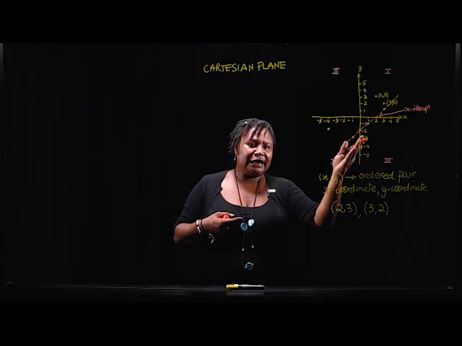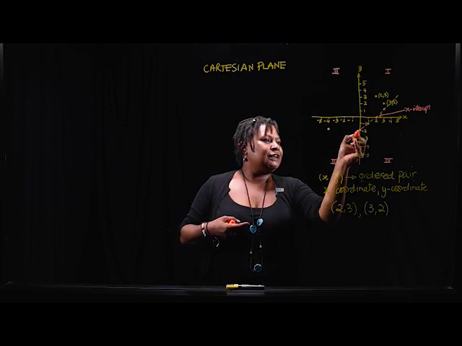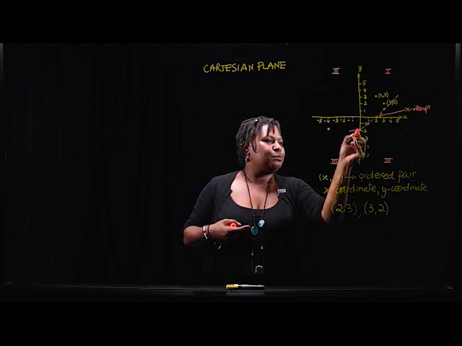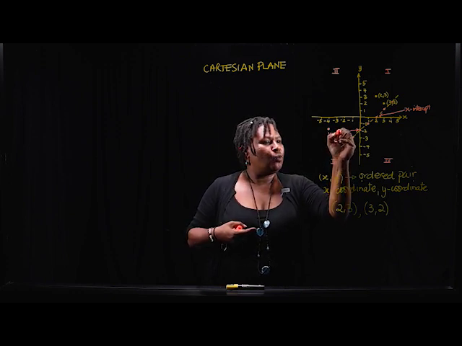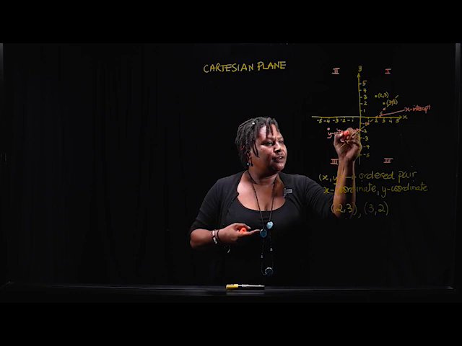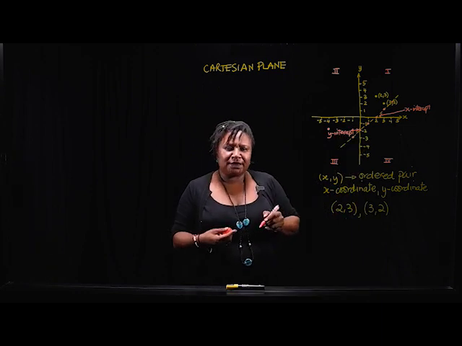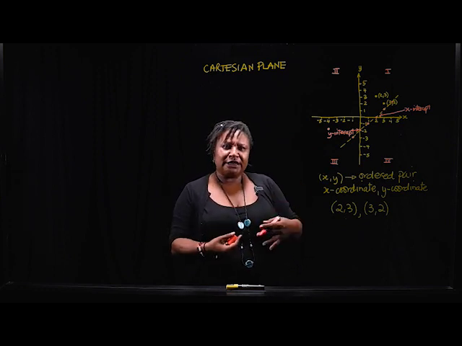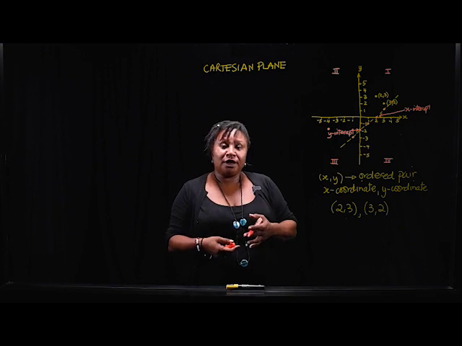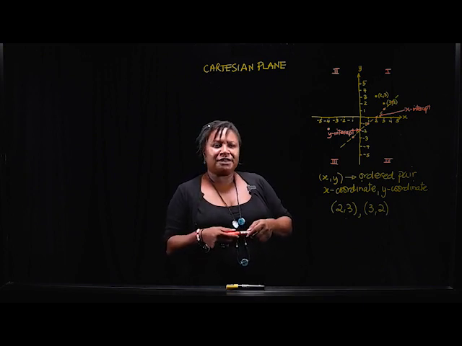If your line cuts across the y-axis, for example, this point here, we call this the y-intercept. These are important features that you must know, which we are going to look at in more detail as we go through our lessons on linear equations and graphs.